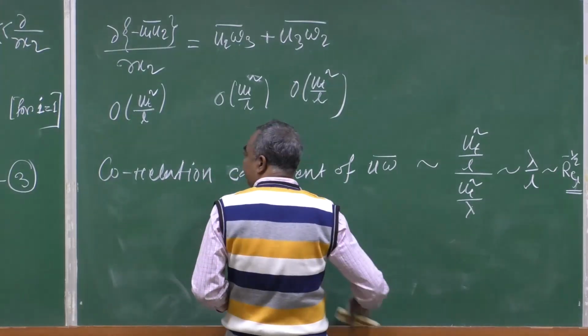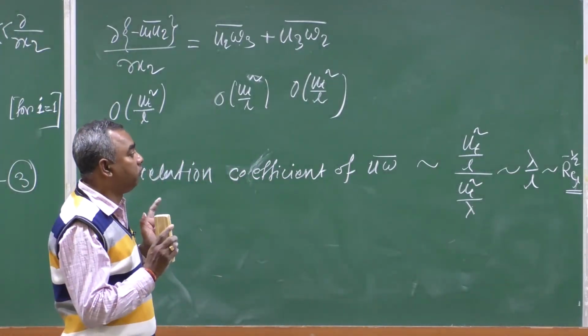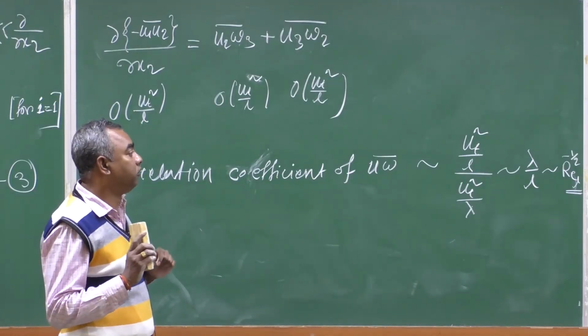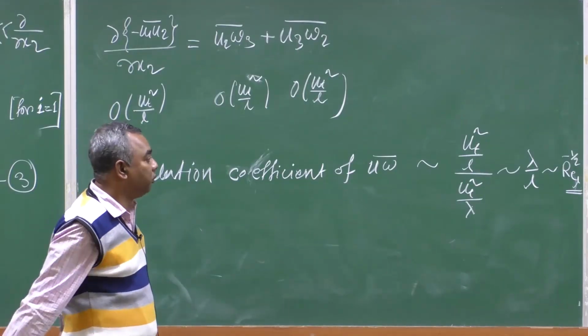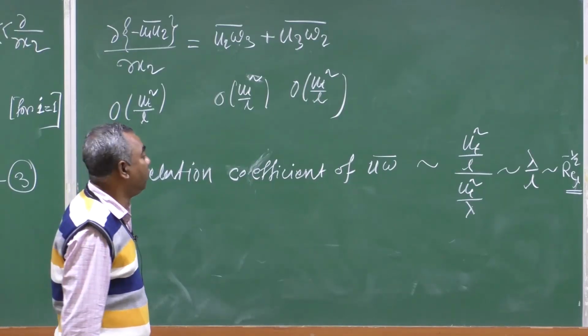Now, this is what we have got based on the vortex term in the equation of motion. Now, let us consider the vorticity equation and its averages.